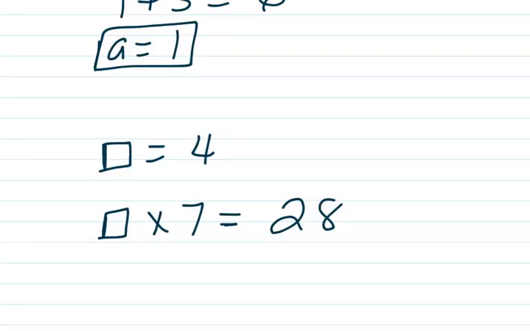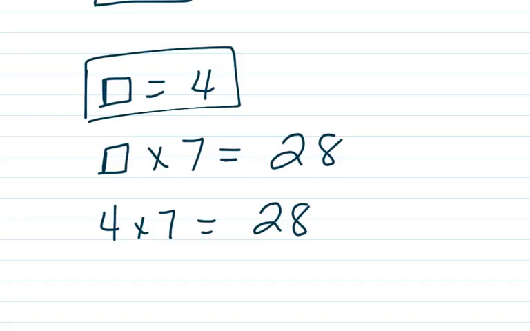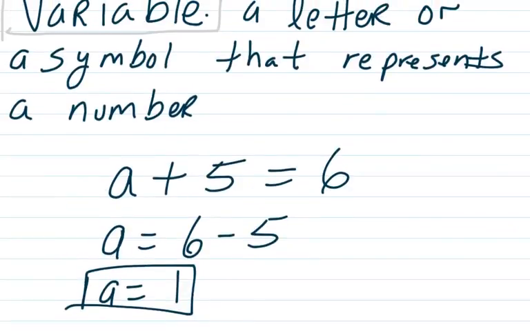Well, since the square is standing in or representing 4, now we can just put that 4 times 7 = 28, knowing that the square represents 4. We can take that variable and substitute either the number that we know in, or we can use what we know to find what our variable is and know what our variable represents.